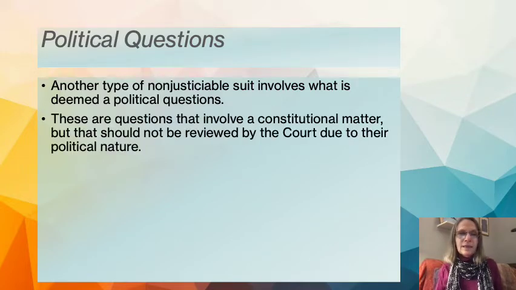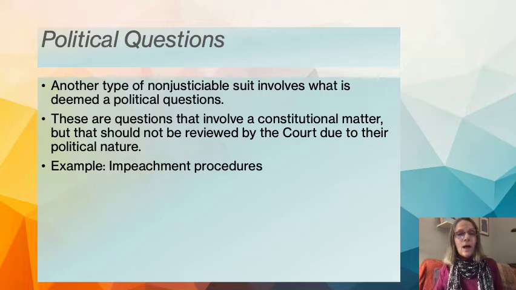The court basically says that these questions may in fact involve a constitutional matter. However, they should not be reviewed by the court due to their political nature. And let's give a concrete example to help us understand justiciability as it relates to political questions.